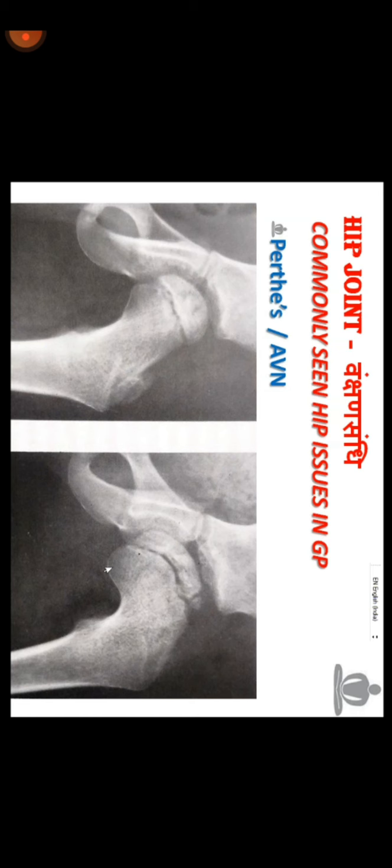In case of hip pathology, pain radiates towards knee. If pain is going below or downwards, then remember it is the pathology of lumbar spine and not hip related pathology. So that is the main thing.